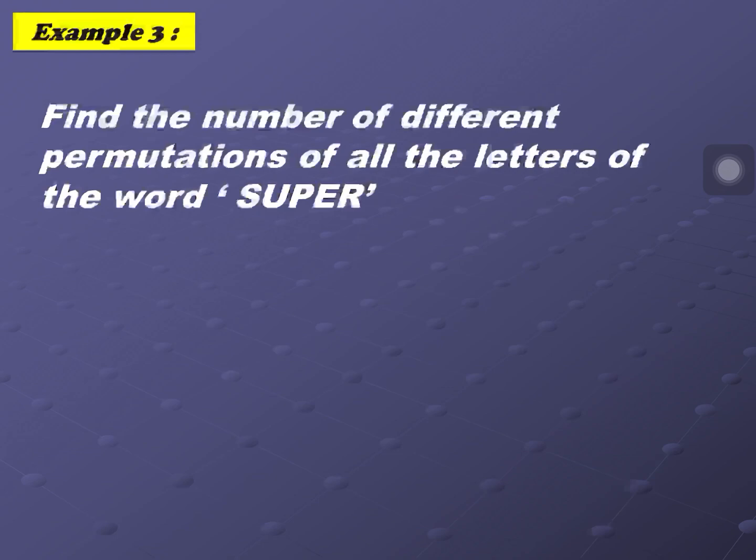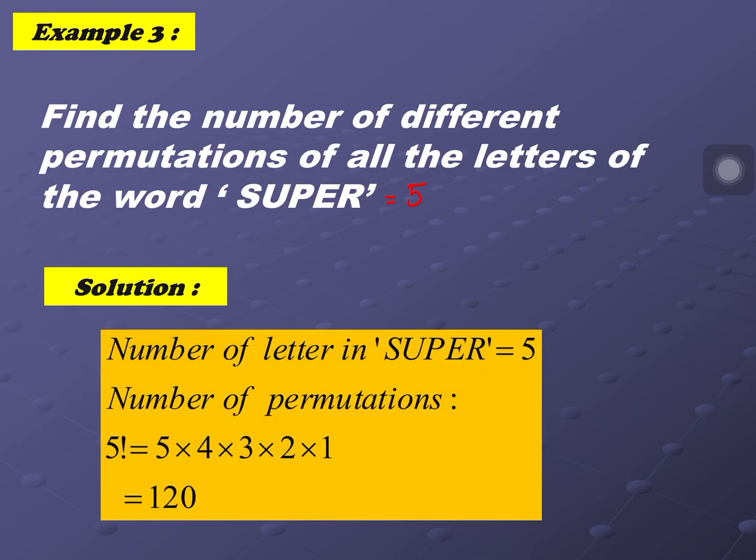So let's look at the example. Find the number of different permutations of all the letters of the word super. You see here how many letters? You have 5, right?